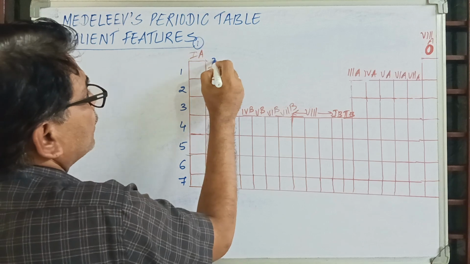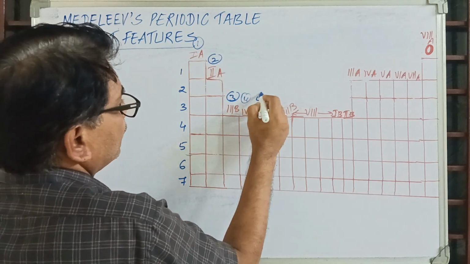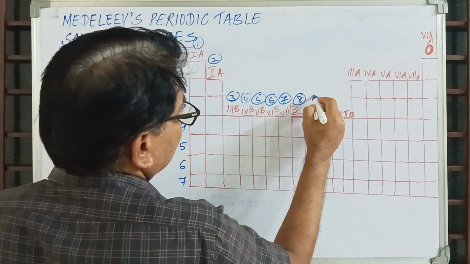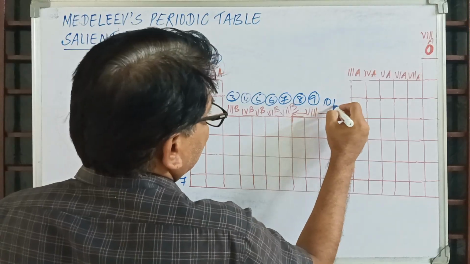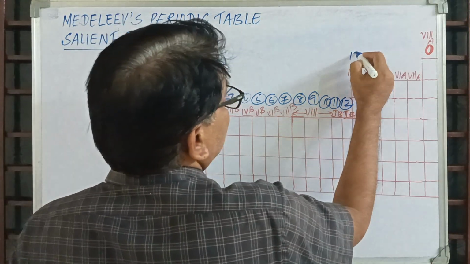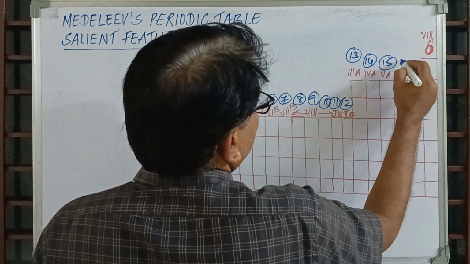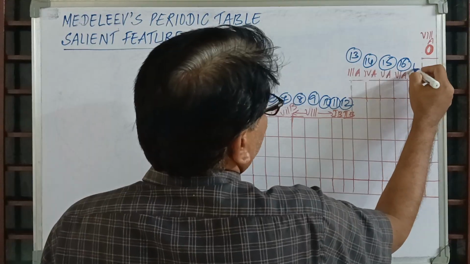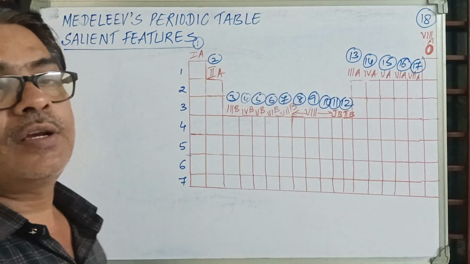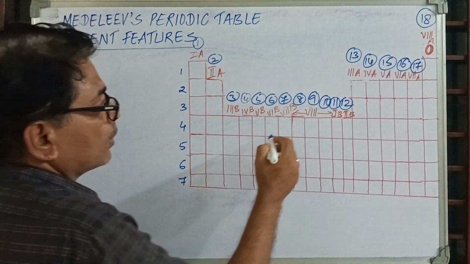It's 1 over here, this is 2, then this is 3, 4 over here, 5, 6, 7, 8, 9, 10, 11 and 12. This is 13, 14, 15, 16, 17 and this is 18. Done. You have 18 vertical columns. But still, you check it out here.